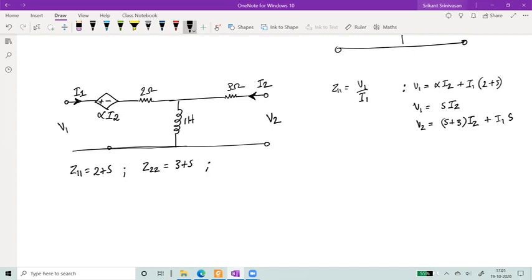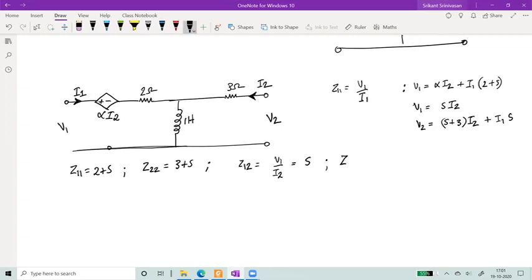What about the other values? You have V1 over, Z21 is equal to V1 over I2 when I1 is equal to 0, and that's equal to S. And then finally Z12, no, this is Z12, sorry.